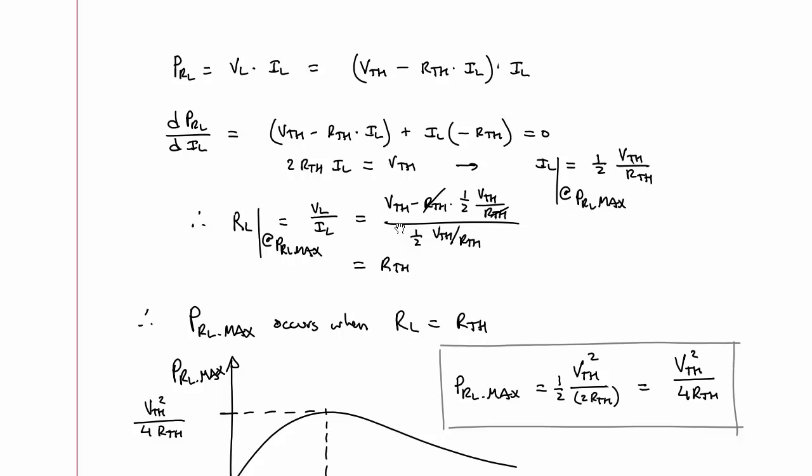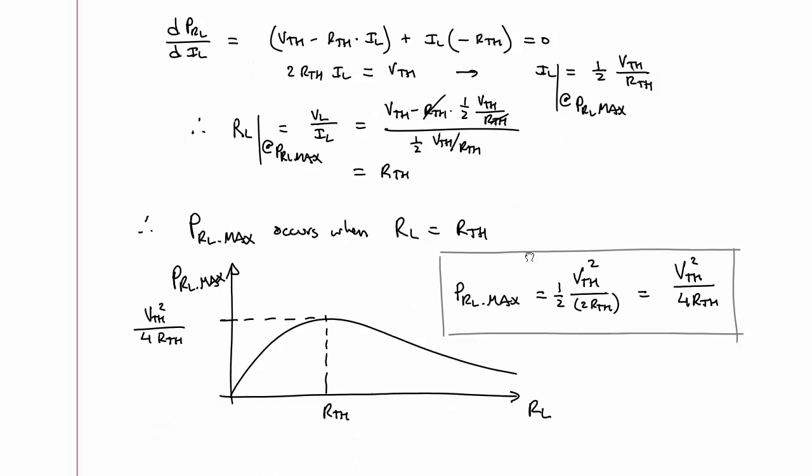So you just solve for that current IL, and we find that the current at which maximum power is transferred is 1/2 of V Thevenin over R Thevenin. And if you solve for R load at that operating point, you find that it's equal to R Thevenin.